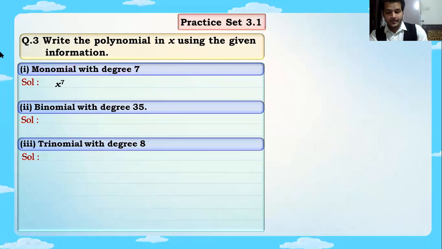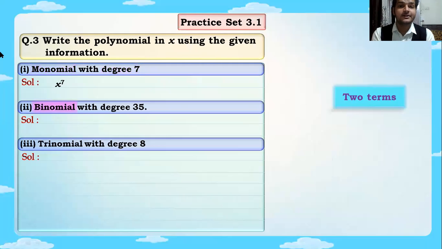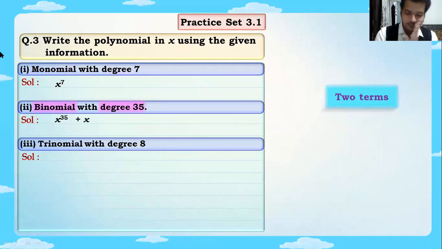Second part, binomial with degree 35. Binomial means there should be two terms. When you have two terms, they can be separated by a plus or a minus sign in between. And the degree should be 35. Degree means highest power of the variable should be 35. So one term we will write is x raised to 35 and the other term we will write as only x.